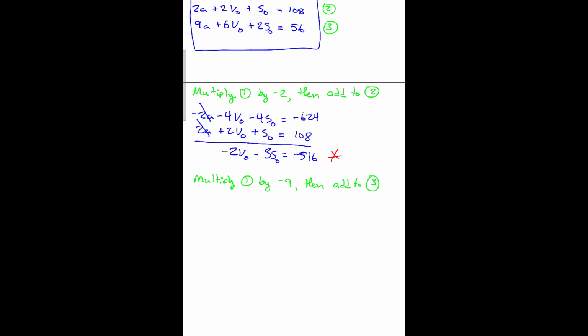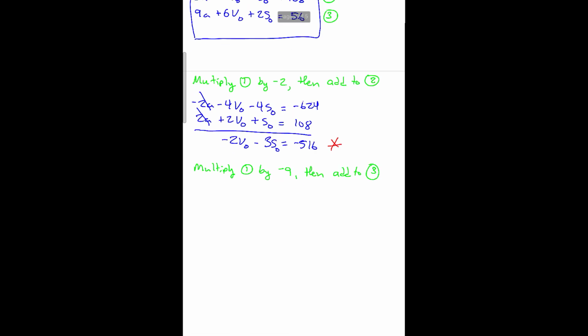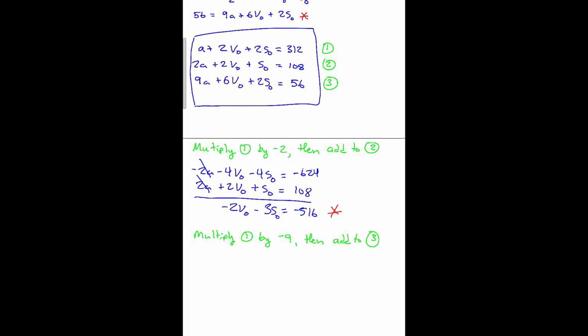So when I take the first equation, which is a plus 2v naught plus 2s naught equals 312, and I multiply that by a negative 9, what I get is a negative 9a, minus 18v naught minus 18s naught equals a negative 2,808. So I multiplied equation 1 by negative 9.